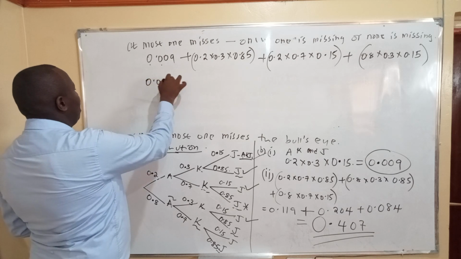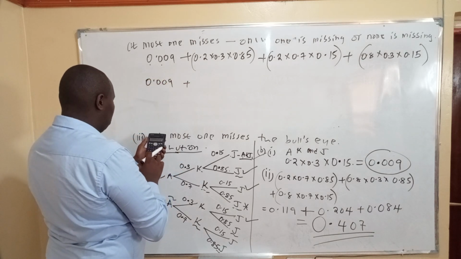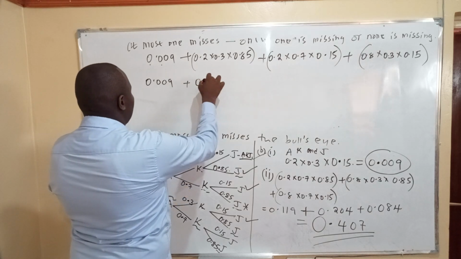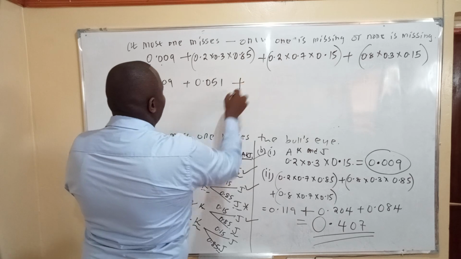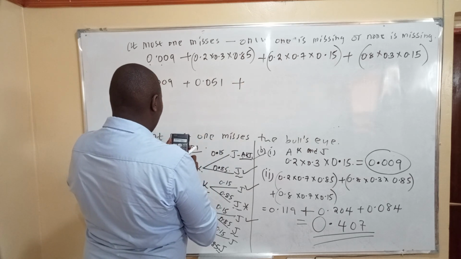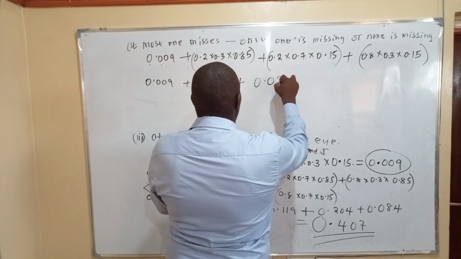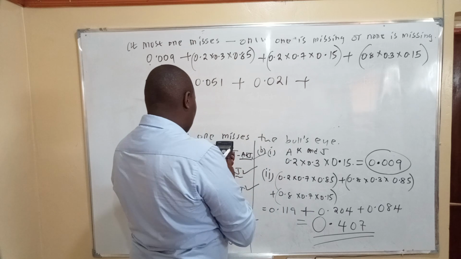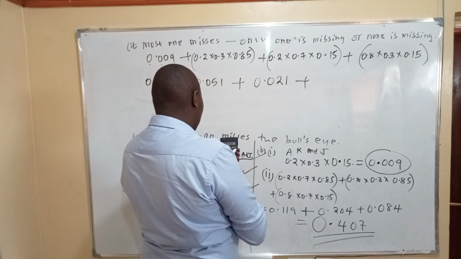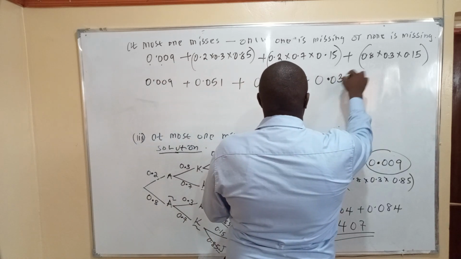So 0.009 plus 0.2 times 0.3 times 0.85, this becomes 0.051, plus 0.2 times 0.7 times 0.15, this becomes 0.021, plus 0.8 times 0.3 times 0.15, you get 0.036.